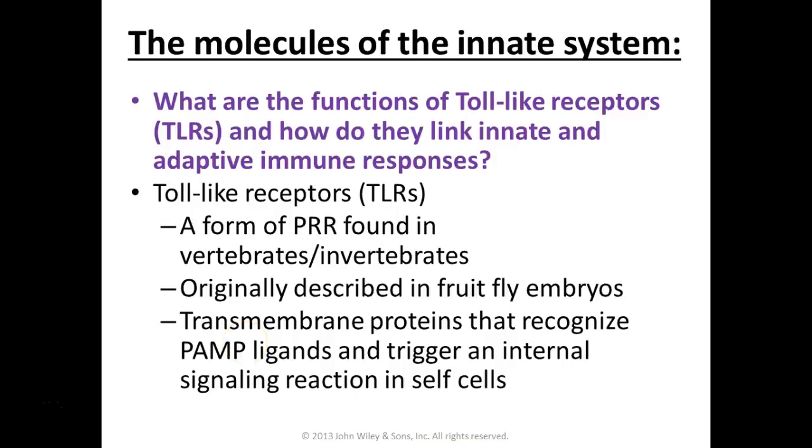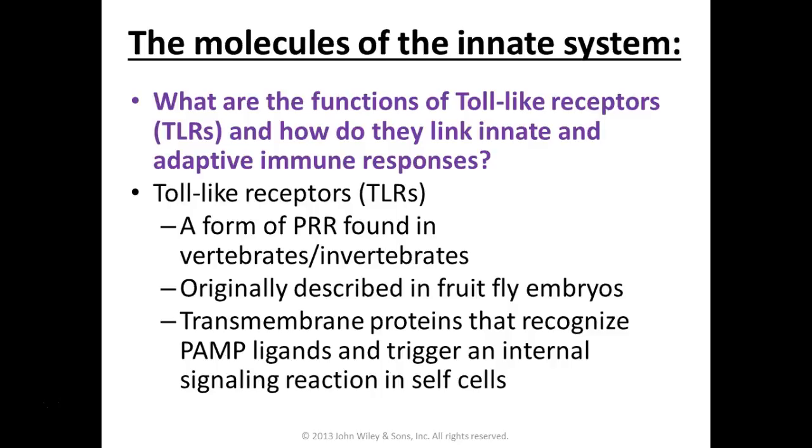So those boxes were for this particular set of receptors that fall in that category of pathogen-associated molecular patterns. So those are pattern recognition receptors.